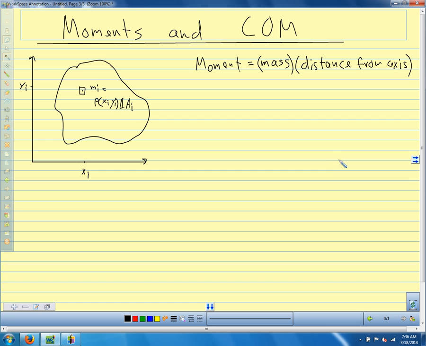Well, now that we can do this with a double integral, we can do multiple integration. Our moment about the x-axis is just this mass times its distance from the x-axis. So m sub i, y sub i is the moment about the x-axis.